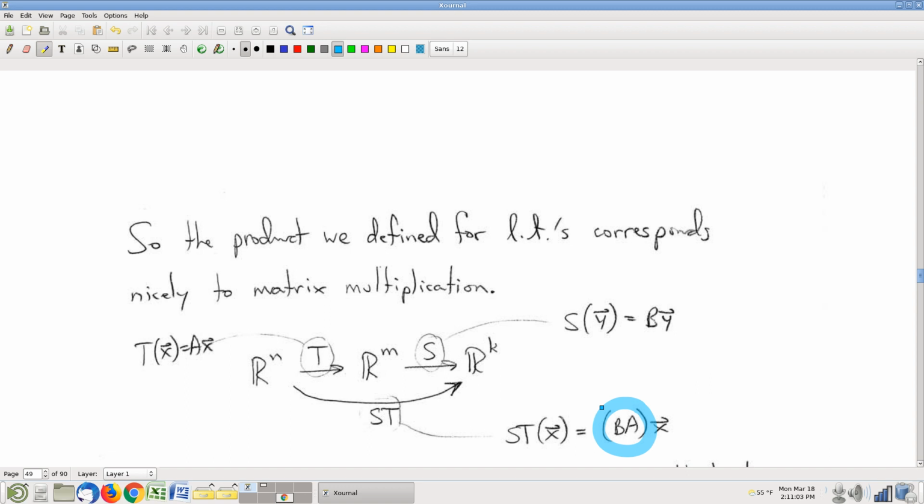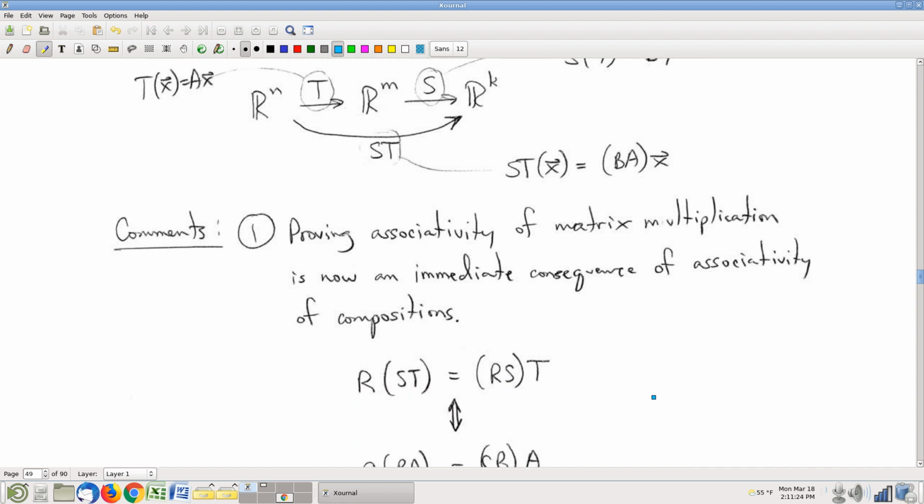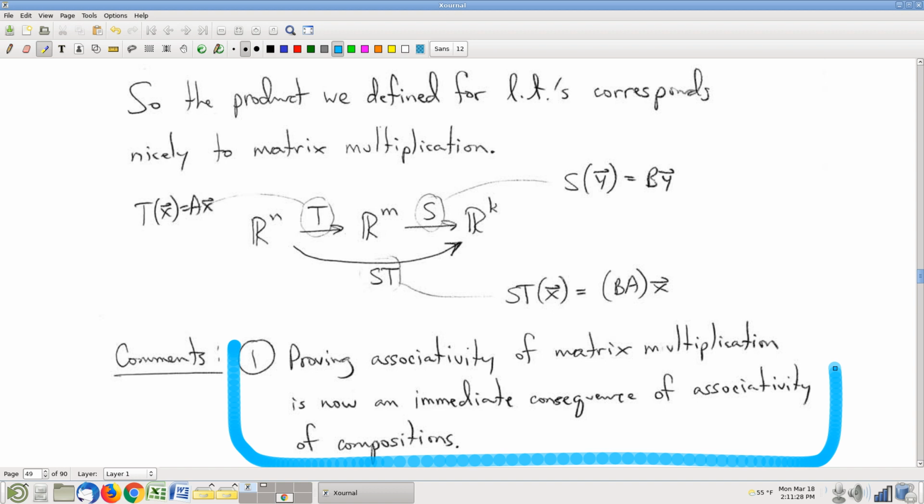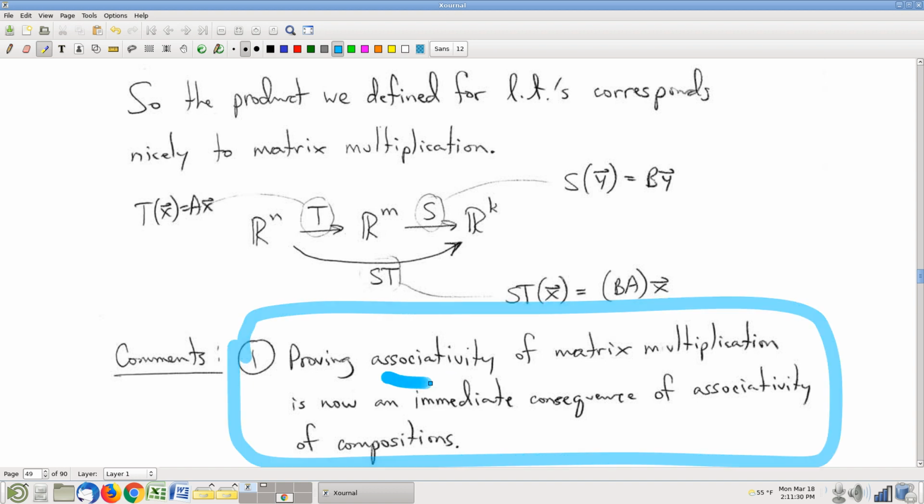So linear transformation multiplication corresponds perfectly to matrix multiplication, which is a big sigh of relief. Now we don't have to worry about the algebraic nightmares that would ensue, and instead we get algebraic convenience. I'm going to show you one nice application of this. Here's another theorem that I never really quite got around to proving long ago, and that is associativity of matrix multiplication.